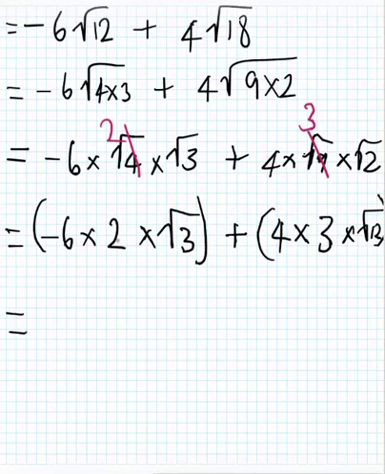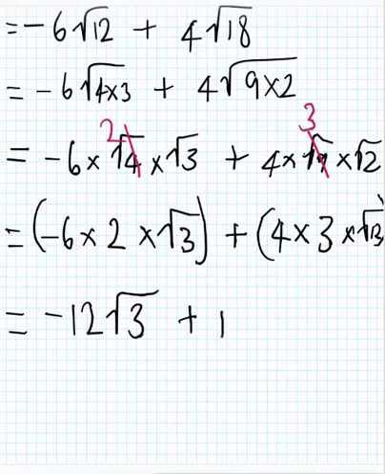And now minus 6 times 2 is minus 12. They're both whole numbers, times the square root of 3. Plus in between them, 4 times 3 is just 12, times the square root of 2.